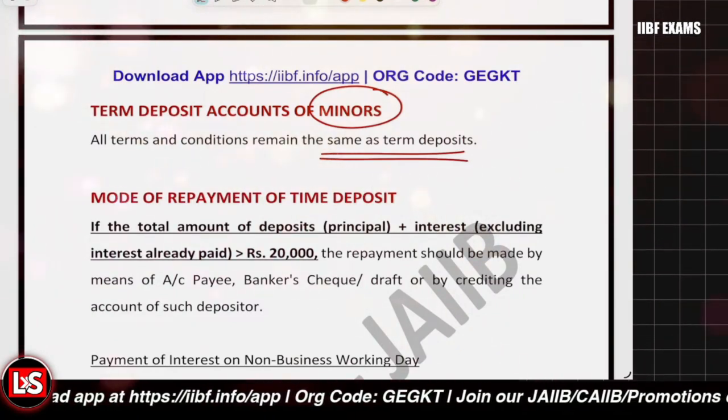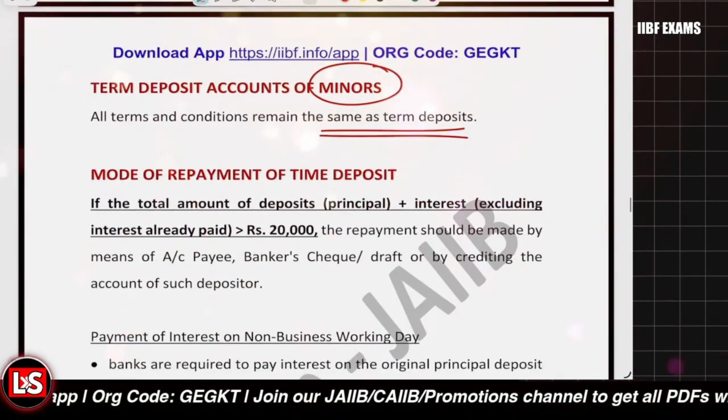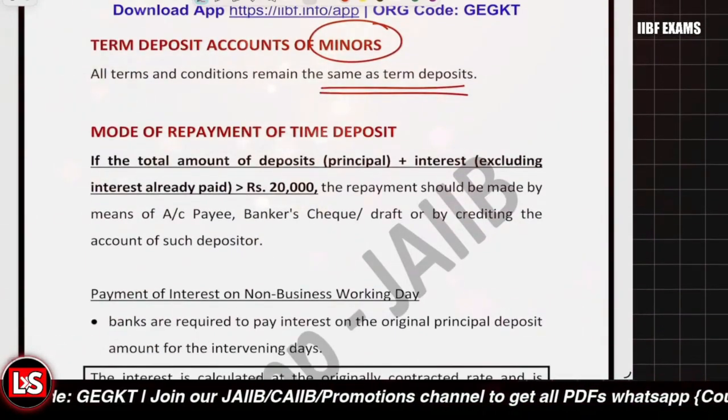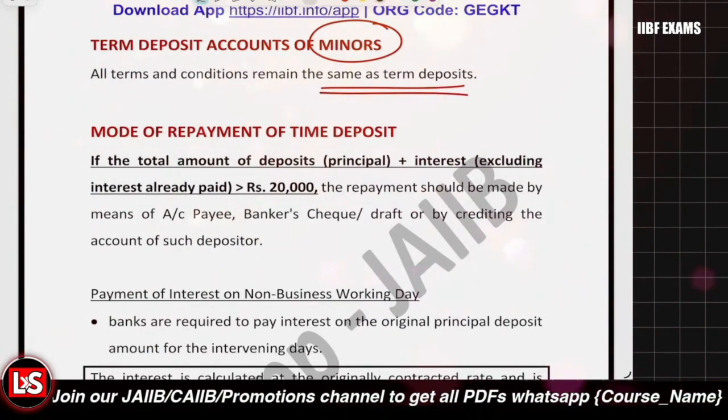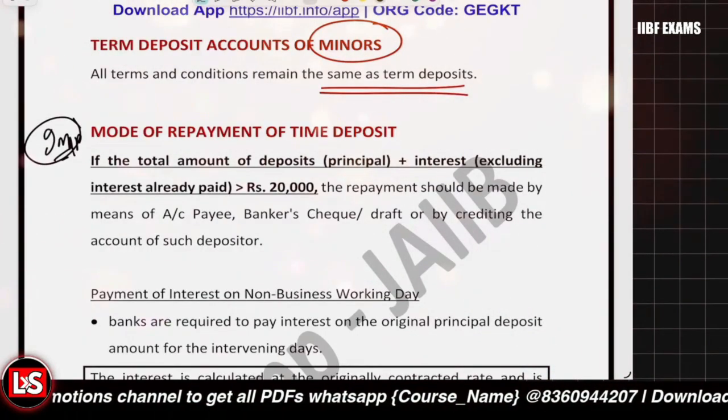After that, it's about the mode of repayment of time deposit. From the exam point of view, this is an important one. The threshold limit is 20,000.